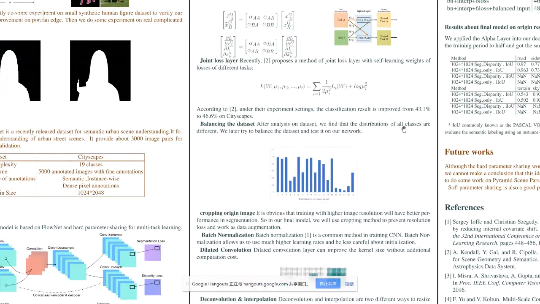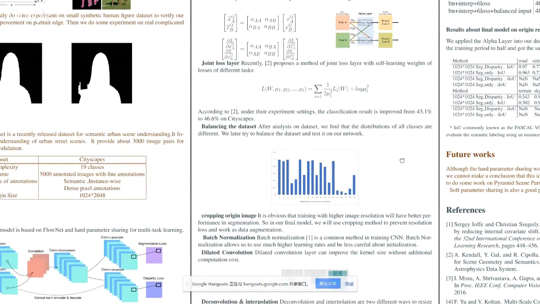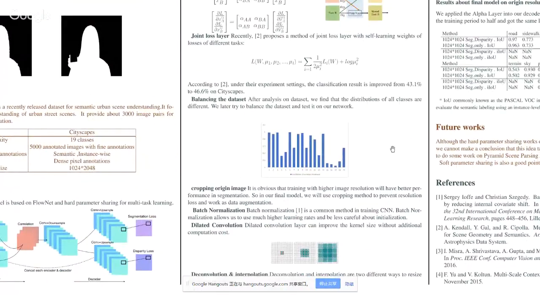For balancing the dataset, after analyzing it, we find that the percentage of different classes is quite different. In the extreme case, a class only accounts for 4% of all the images. So we want to balance the percentage, and we try to double or triple the images with lower percentage in this experiment. The result will be shown later.